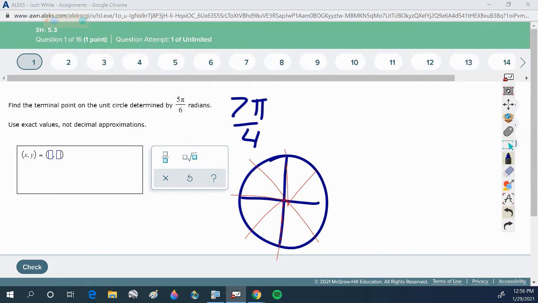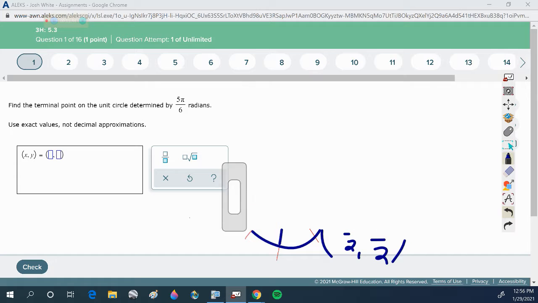It's right in the middle. And for the ones that are right in the middle, it's root 2 over 2, comma, root 2 over 2. We just have to pick the signs. What is the value of x in quadrant 4? Negative. What's the value of y in quadrant 4? Negative. So it's negative root 2 over 2, comma, negative root 2 over 2. Okay.